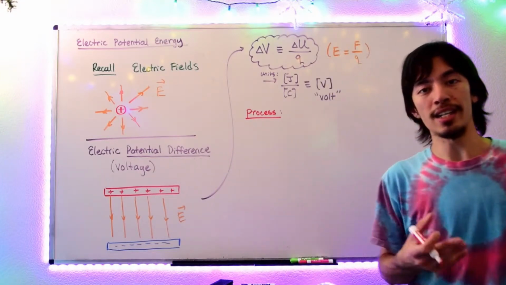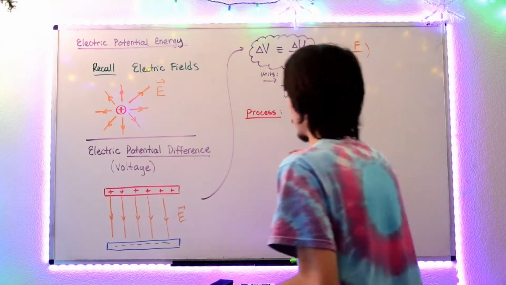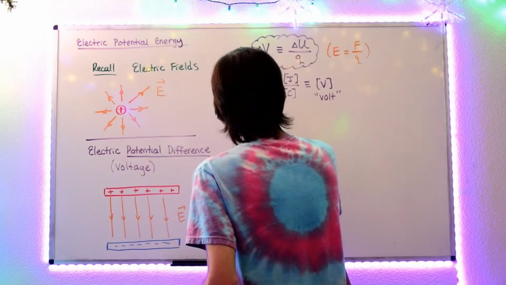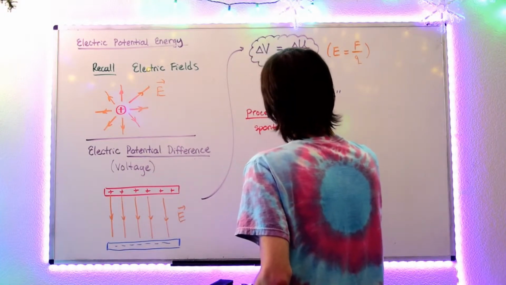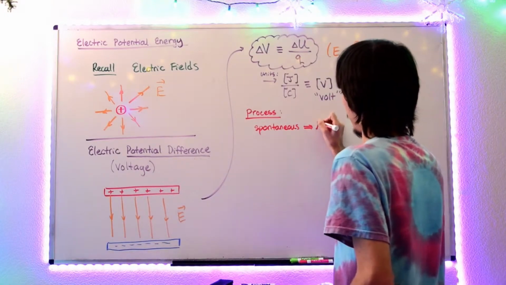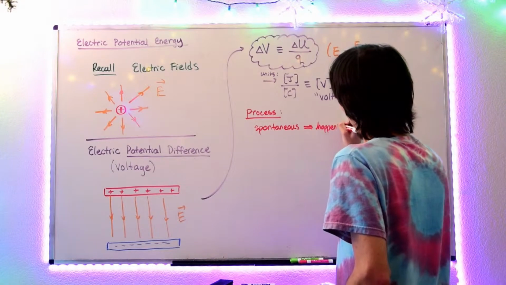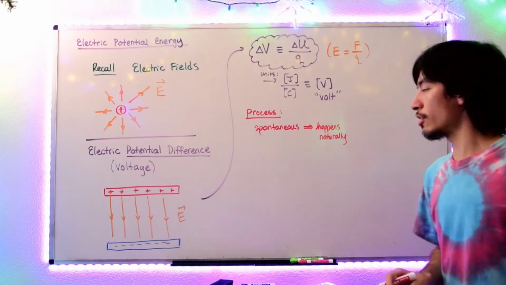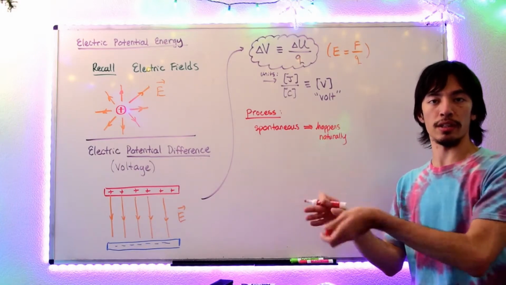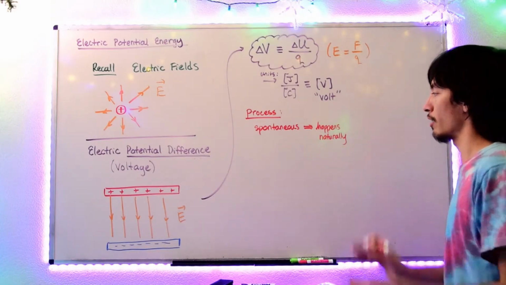So this is the idea of something being spontaneous. So spontaneous implies happens naturally, on its own. You don't need to do any work onto something to make it happen. It will just unfold.